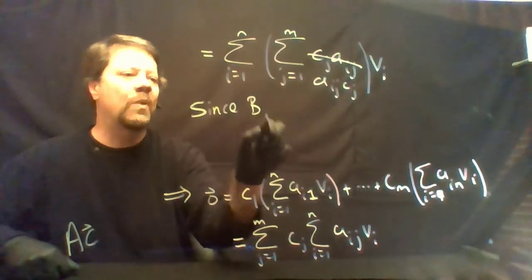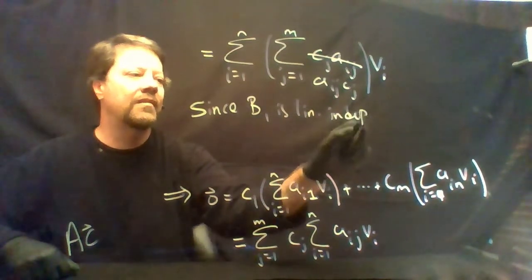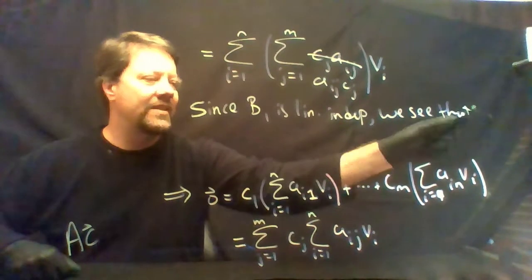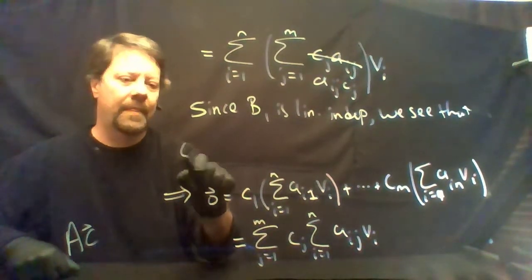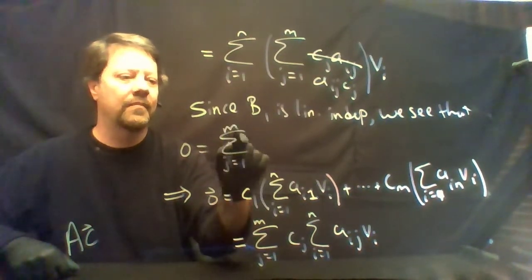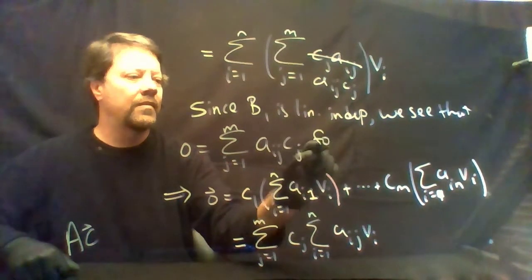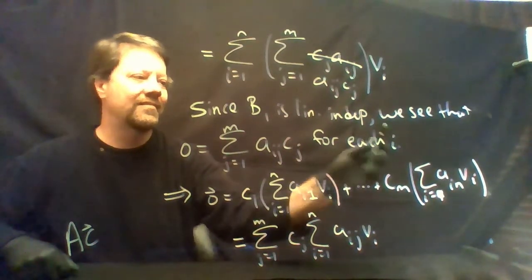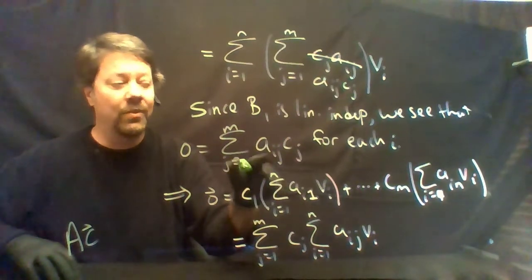Since B1 is linearly independent, we see that all of these coefficients must be 0 for each i. Now, that gives us a system of equations.